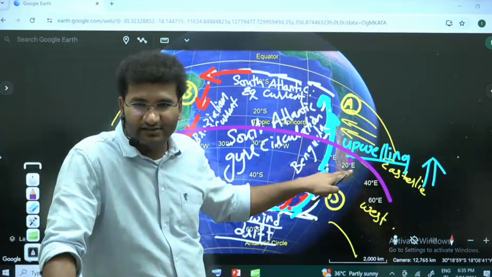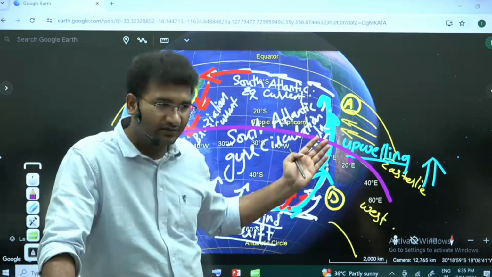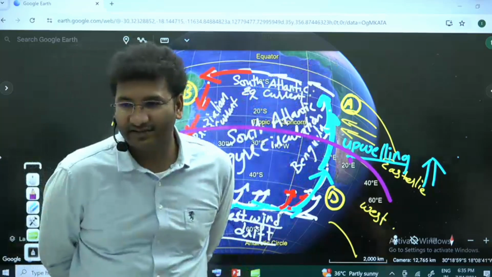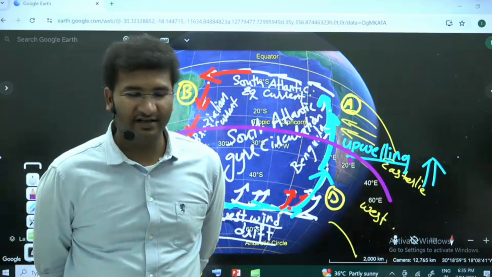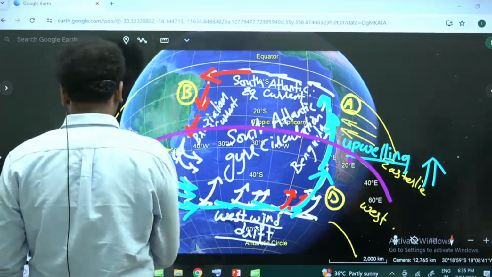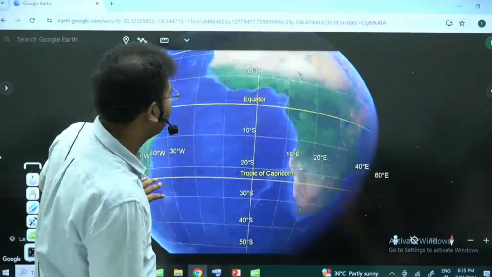It's a cold desert. Yes, it's because of the cold current. Right? Now go to the North Sahel region or Sahara region. Sahara and Sahel regions, this is your Sahara or Sahel region. If you want to take the photograph, quickly take it. Gone. Chalo. See here.